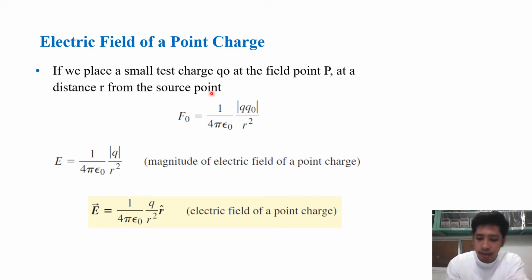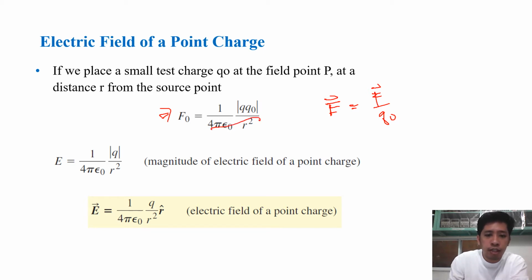Earlier we defined the electric field E as equal to F naught over Q naught. If this is the force on a test charge Q naught at field point P, then the electric field is just this quantity divided by Q naught.